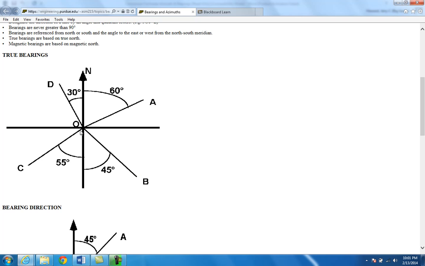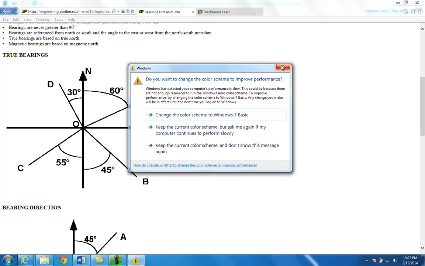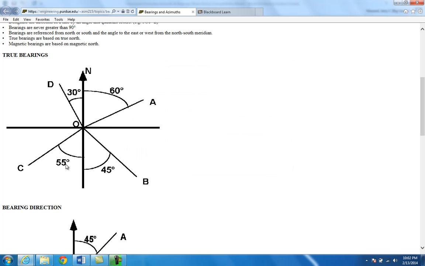Again, let's say over here we're shooting to a fence post. We're standing here in the center, and it would come from south 0, 10, 20, 30, 40, 55, and it would be south 55 degrees west. That's the direction.